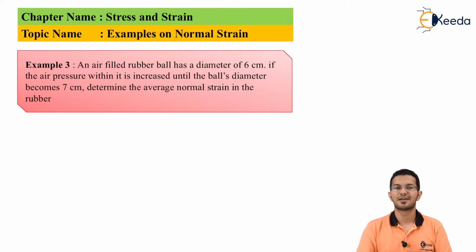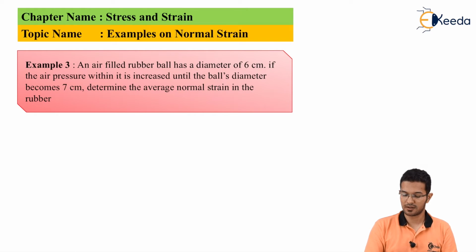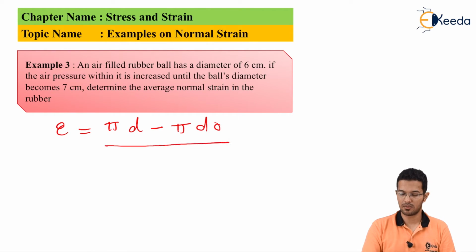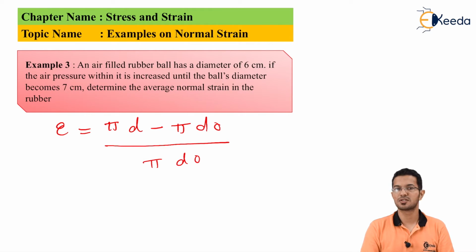We know that the average normal strain is epsilon, which is equal to pi D minus pi D0, the whole upon pi D0. Let's write it down. Epsilon is equal to pi D minus pi into D0 upon pi D0. The D0 is nothing but the outer diameter.